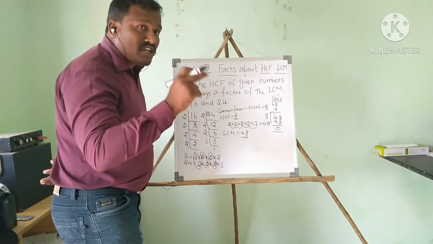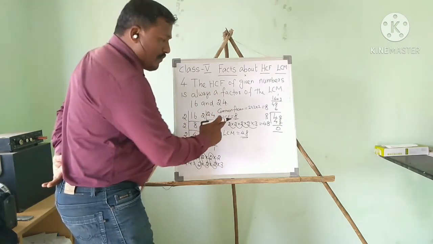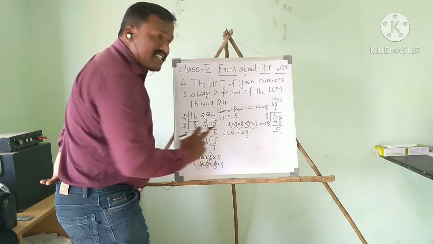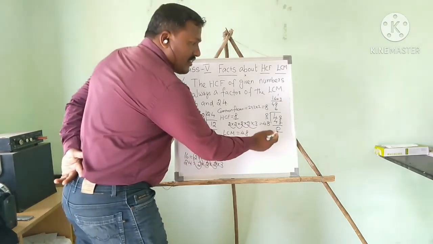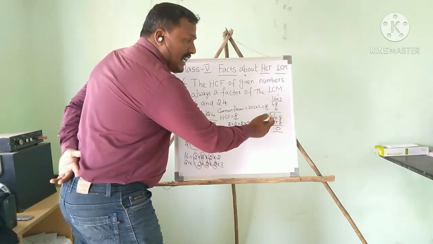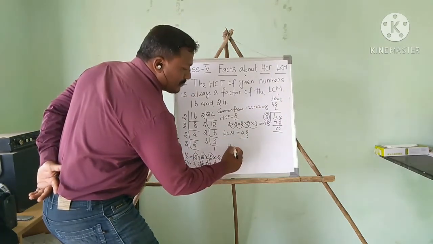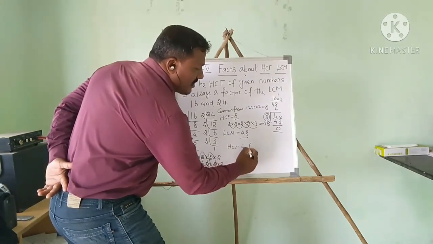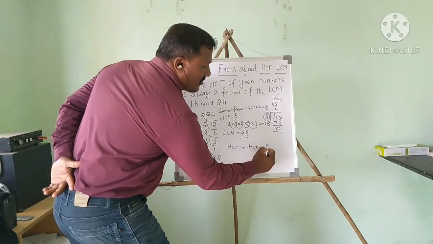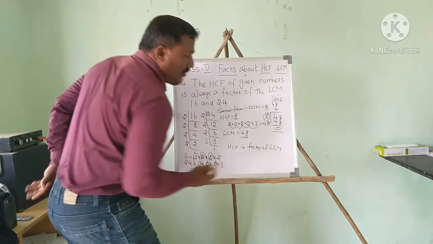That number is called a factor. So 8 is the HCF, 48 is the LCM, I divide and the remainder is 0. So 8 is a factor of the LCM. So the HCF is a factor of the LCM. Now I proved it.